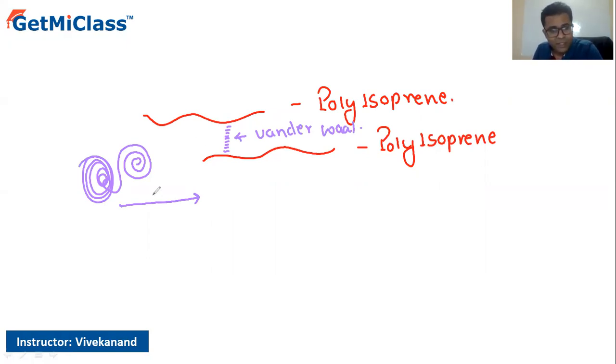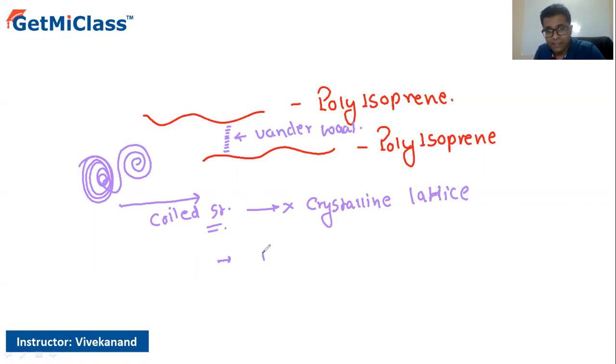Due to this coiled structure, these natural polymers do not fit into the crystalline lattice, and hence we know that these rubbers are called non-crystalline. As it is not fitting into the crystalline lattice, we call it non-crystalline in nature.